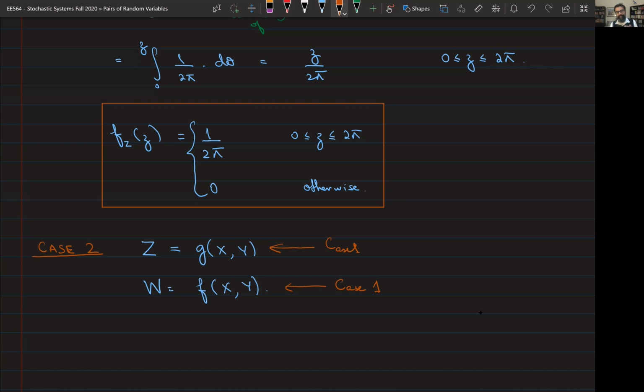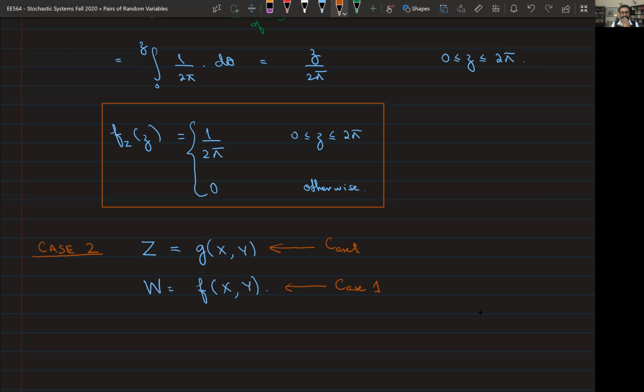If I apply case 1 on the first function, and then apply case 1 on the second function, that will yield for me the PDF of z, and the PDF of w. And we're done. Why do we need to do this separately?